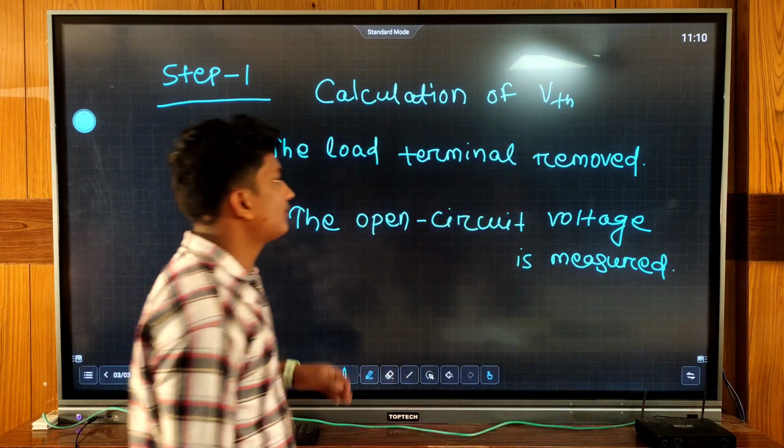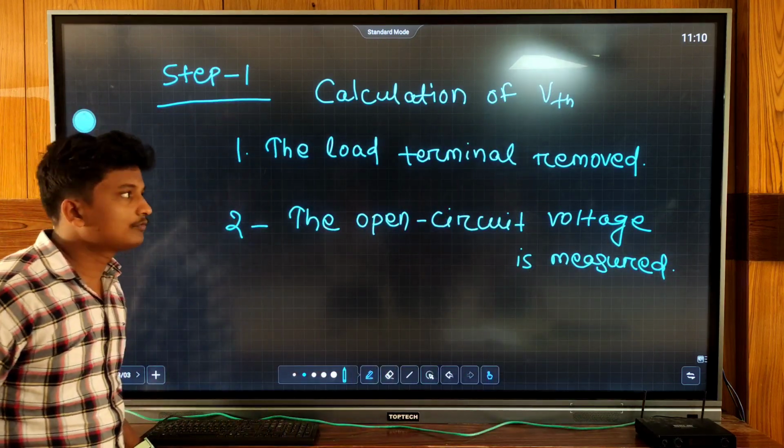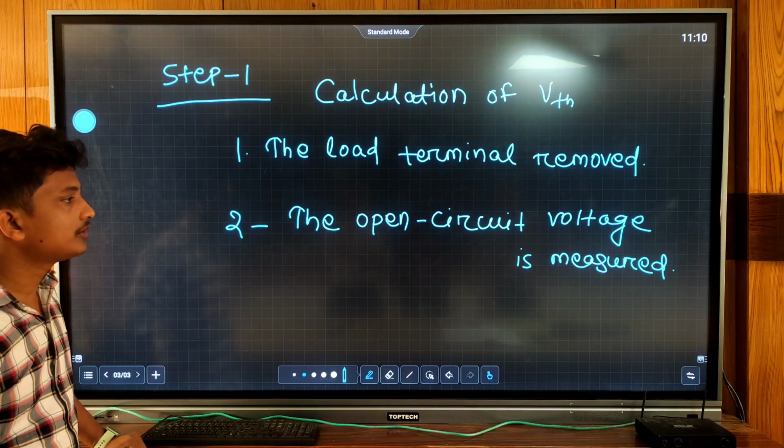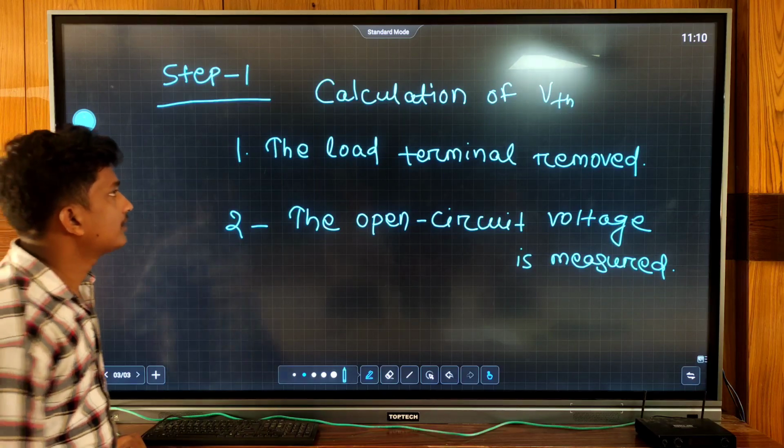In step 1, we have to do 2 things. First, we have to remove the load terminal and measure the voltage across the load terminal, which is called open circuit voltage, or you can say VTH.